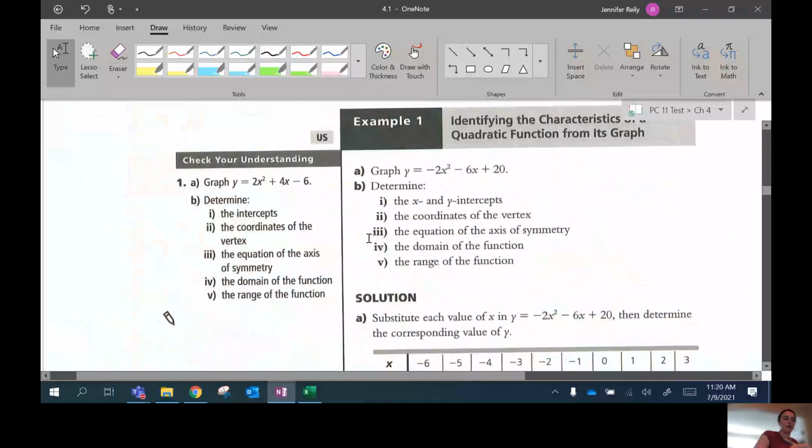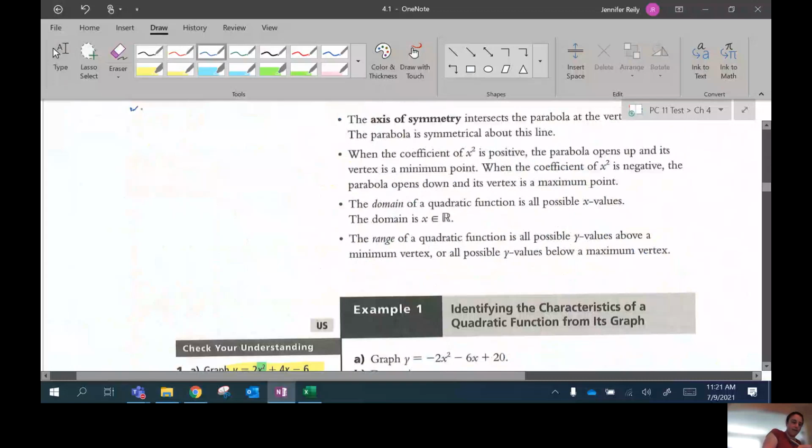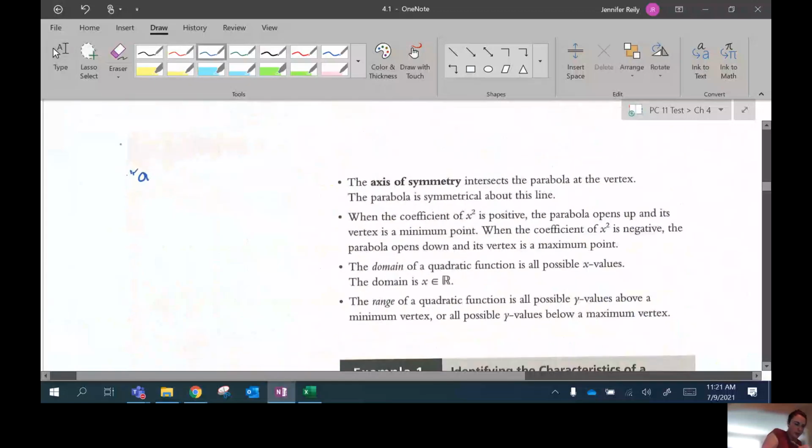We can see this is a quadratic function because it has an x squared term. That's going to create that parabolic U-shaped function. What we want to do straight away is make a table of values. Some parts of the screen are not working. I'm not sure why.